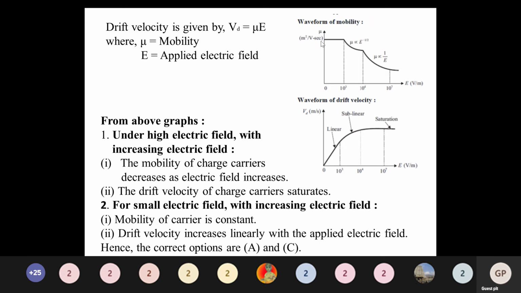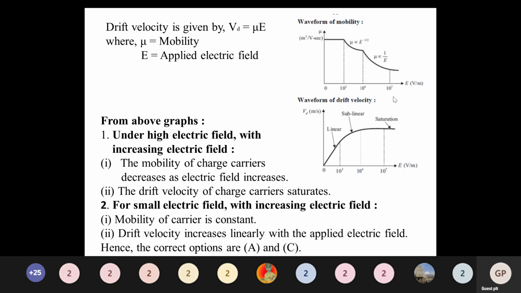In the first graph, initially while increasing the electric field, the mobility is constant, and then if you keep increasing the electric field, the mobility goes down, and again the mobility goes down. So on further increasing the electric field, the mobility is decreasing. Initially it is constant. This is the concept we have.